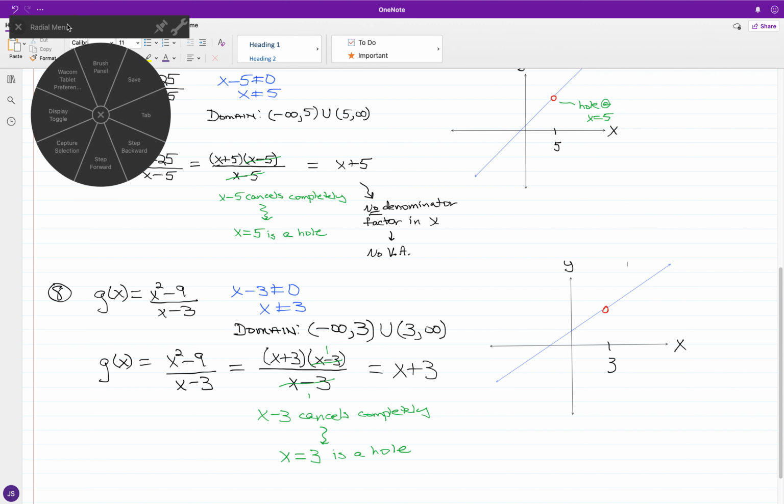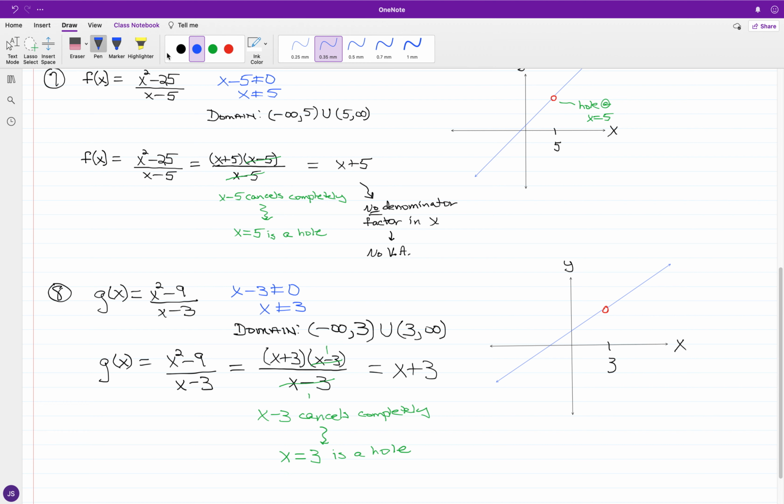And so for this function g of x, that's going to be almost the same, in fact, except for the hole at x is equal to 3. The graph of g of x would be the same as y is equal to x plus 3.